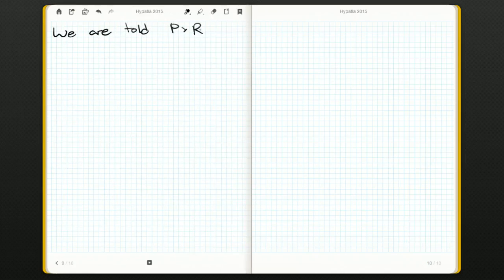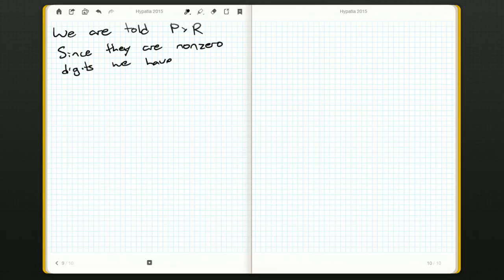Now we're told P is greater than R. And then they're also non-zero digits, and we know that R is less than P, so we can definitely say that this happens.